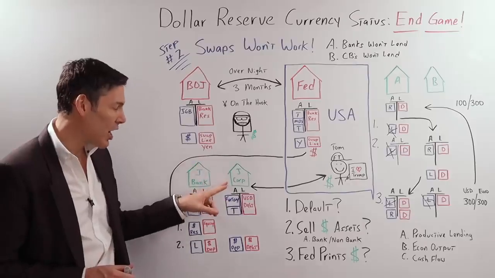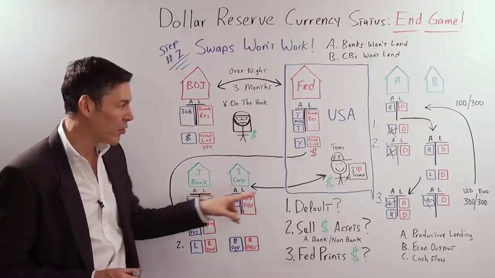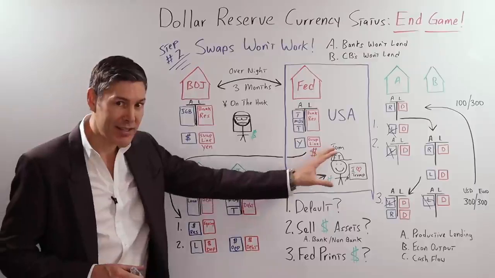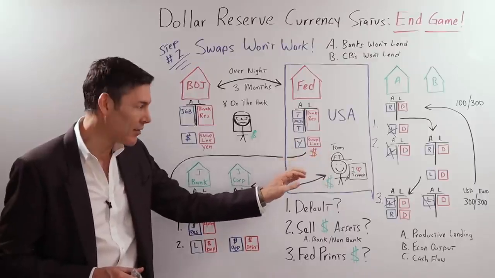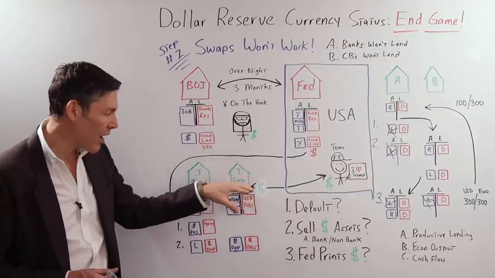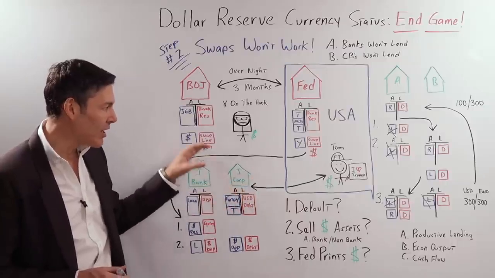But if J Corp would have sold to Forever Trump Tom that had the dollars inside of the United States, then they're pulling additional dollars outside the US into the international system.